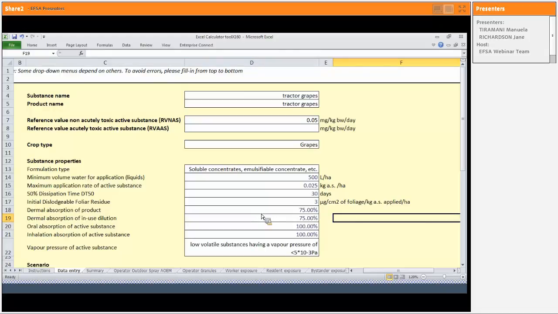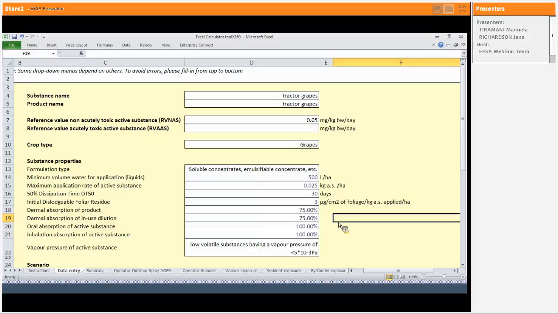Manuela, would you like to just explain a little bit more about the default, if you don't have data for dermal absorption? Yeah. We have a guidance document in EFSA currently under revision, by the way, because of new data available. But the guidance includes the cases where there are no experimental data on dermal absorption.